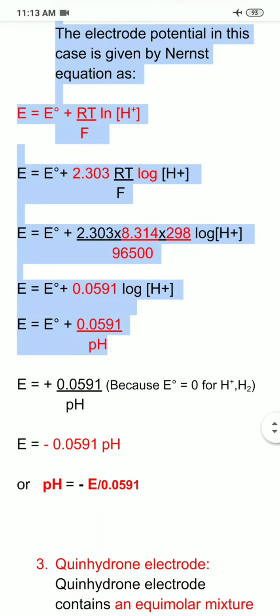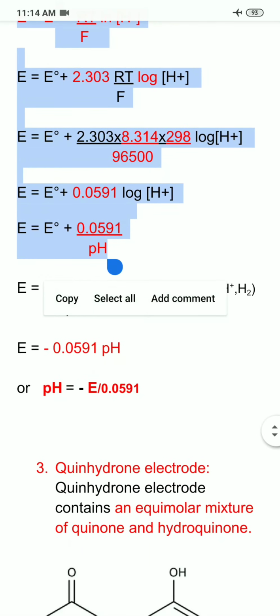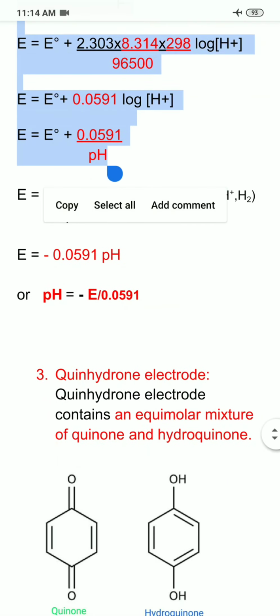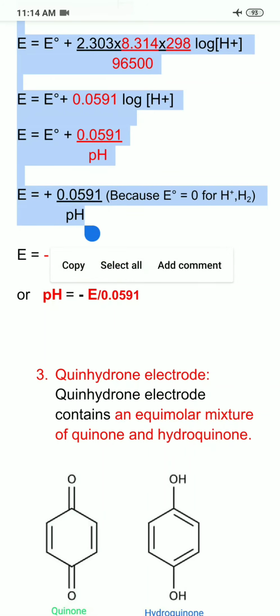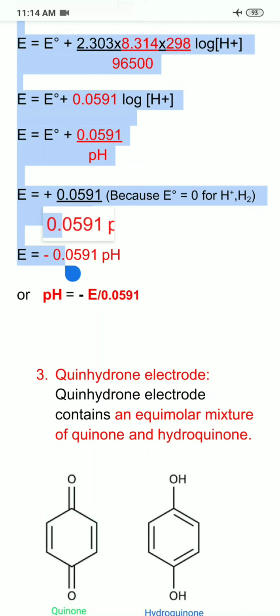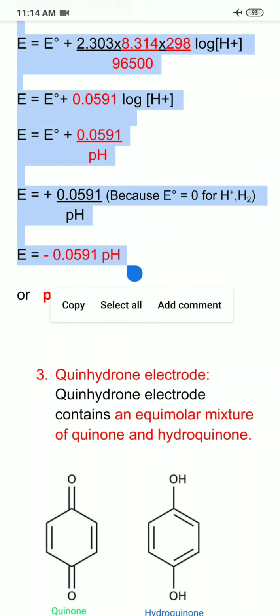Now the electrode potential E naught for hydrogen electrode is 0. So putting the value of E naught equal to 0, I can write E is equal to plus 0.059 upon pH. So from here, as pH is in the denominator, we are having plus sign with the 0.0591.